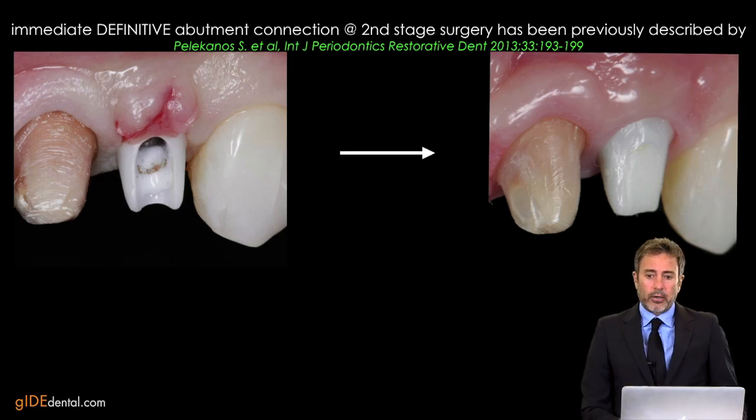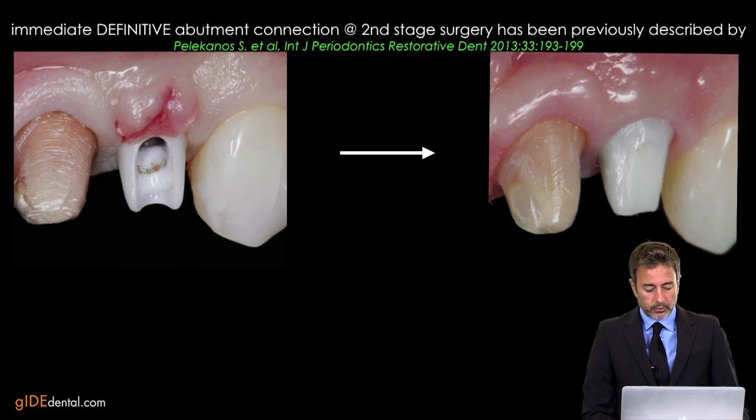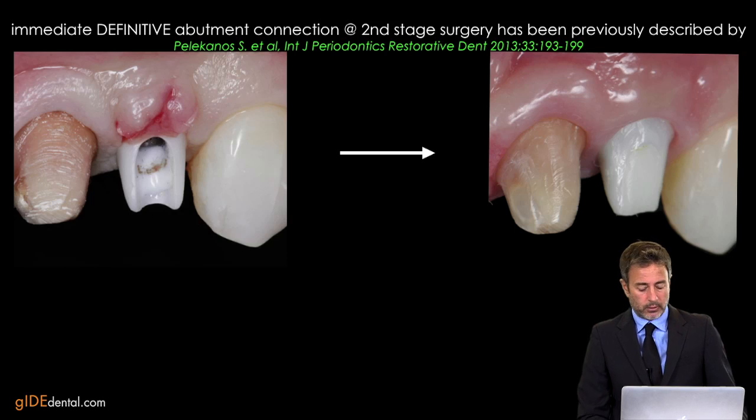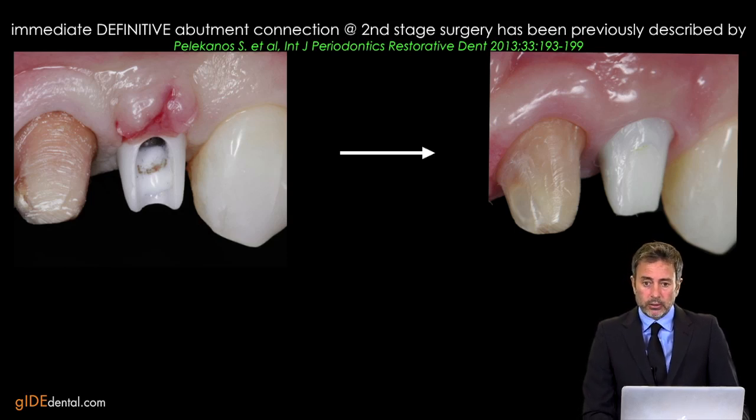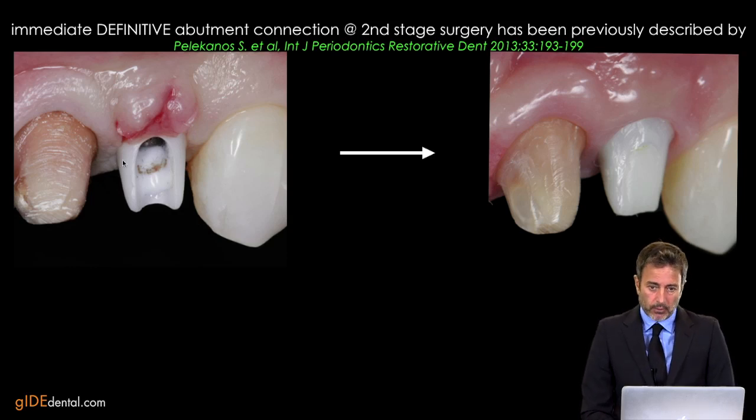It's already described and written in the literature: the immediate definitive abutment concept, connection at the second stage surgery. This is in an article that we have published together with Sascha Jovanovic and co-workers in the International Journal of Periodontics and Restorative Dentistry, where we describe the immediate definitive abutment connection at second stage surgery.